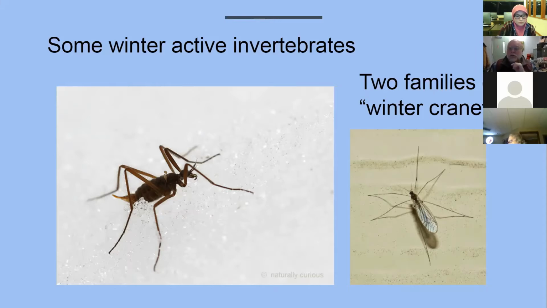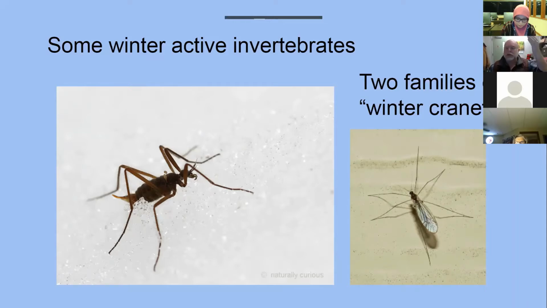But there's another family of crane flies, this one here with the wings, and you've probably seen it even if you didn't know what it was. If you go out on your patio, let's say in November, December, January, on days that are just above freezing, you may see a flight of insects moving up and down.